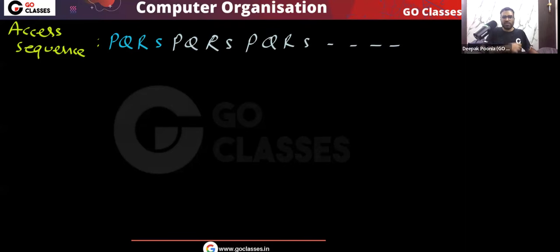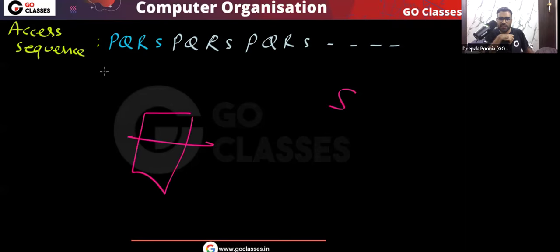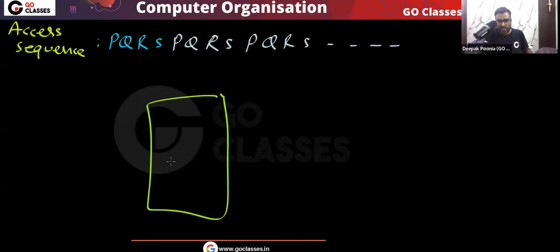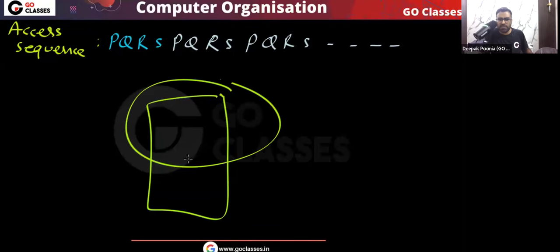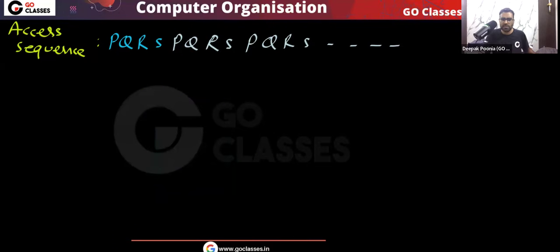But just tell me one thing. If P is present and we refer S, then there is a hit or miss? In the cache memory, let's assume P is present, means the block that contains P is present. Now, if we access S, then there will be a hit, because S also belongs to the same block. Yes or no? Is this point clear?